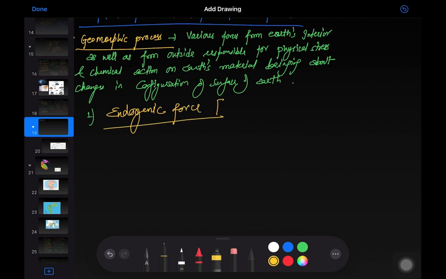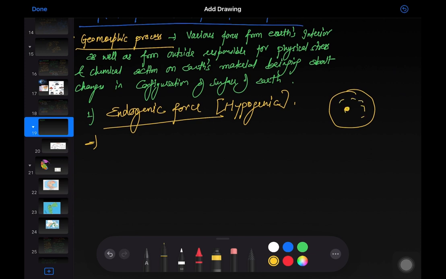Endogenic forces are also called hypogenic. Main source of this endogenic process is basically magma. As this is earth, we have hot core and earth is made up of rocks with hot core. When the temperature increases this rocks melts which resulted into magma formation.